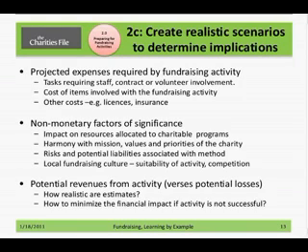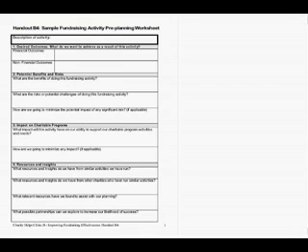Now, we recommend that you look at this kind of pre-planning worksheet. And again, you can certainly utilize it and adapt it. If you're only dealing with a $1,000 fundraising activity, then you're not necessarily going to go through all of these, but it's the spirit of these concepts that are really important.